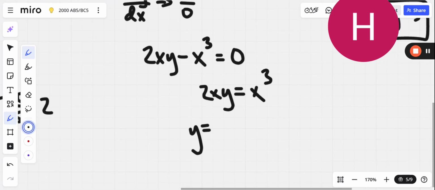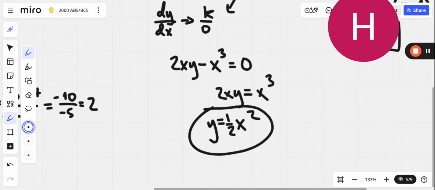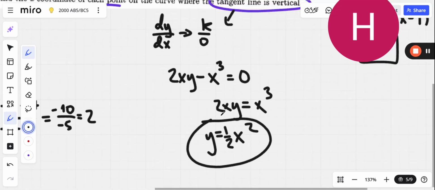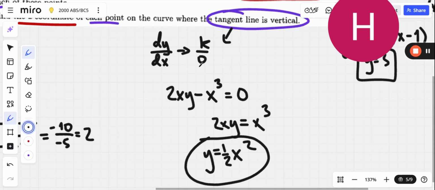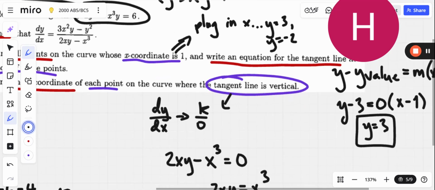Which means that y is simply equal to x squared over 2, or 1/2 x squared. Now, this describes the relationship between x and y, which will guarantee that the denominator of the derivative is 0. Now, we don't know which points that is, so we have to plug this into the original equation. Let's go ahead and plug that into the original equation.